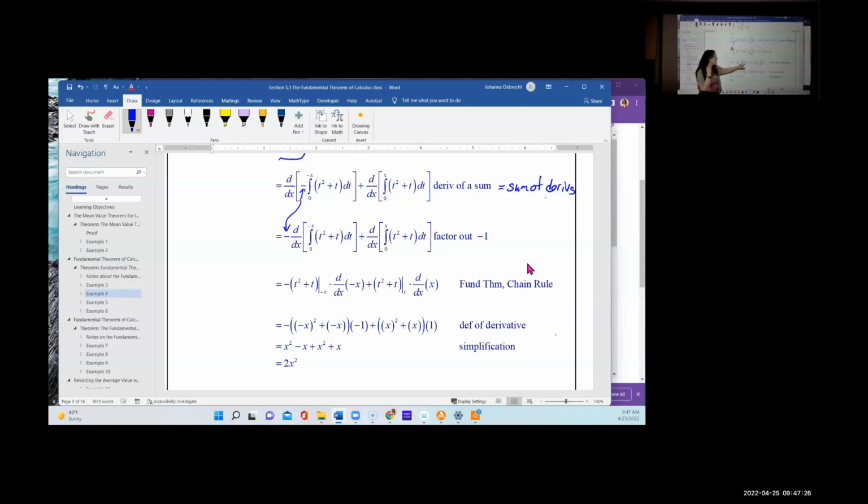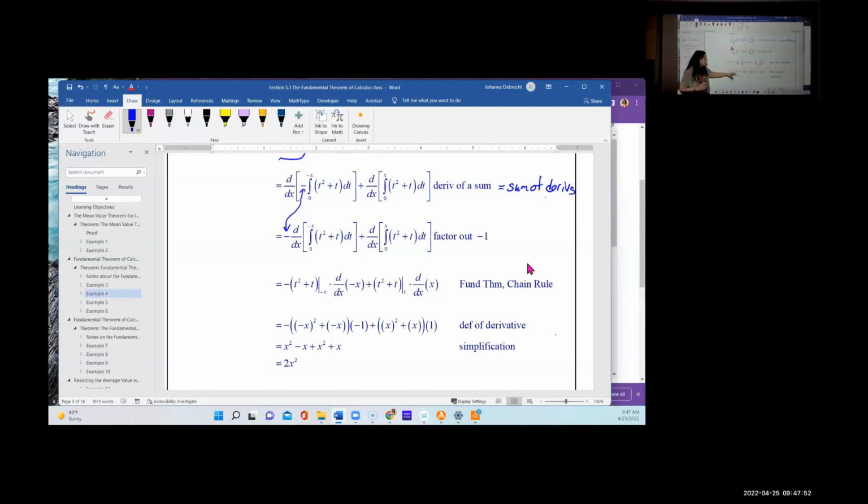Then I multiply that by the derivative of the upper limit of integration, which is negative x. Again, for the second, I take the integrand function t squared plus t, substitute in place of t the upper limit of integration x, and multiply that using the chain rule by the derivative with respect to x of the upper limit of integration.